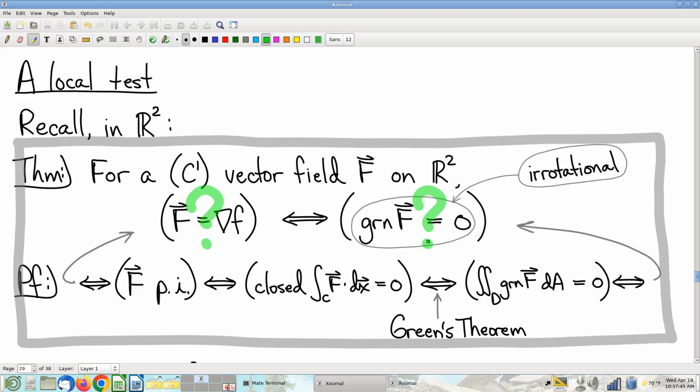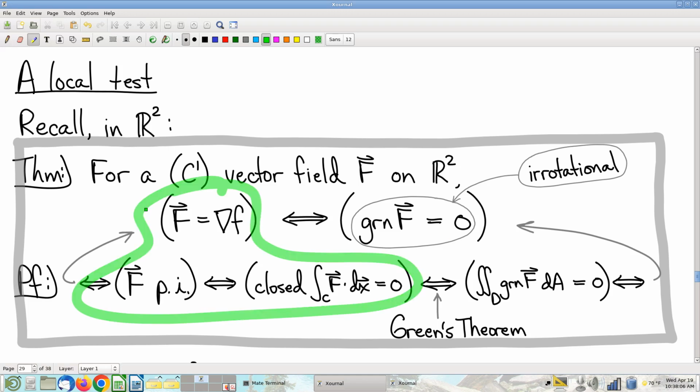Is Green's operator 0? Then yes, it is a gradient. Is Green's operator not 0? Then no, it's not a gradient. It's this wonderfully convenient little local test. You do a computation, you look at your result, you see if you get 0, and that answers your whole question about gradient. Now, how did we do that? Well, we had certain observations about the vector field, gradients being related to path independence, a different way to say path independence.